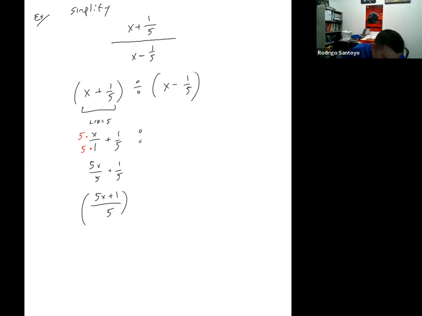And now we do the same thing with the other side. The other side's pretty similar. Right there, LCD is also 5. But just like the previous one, we get here times 5 times 5.